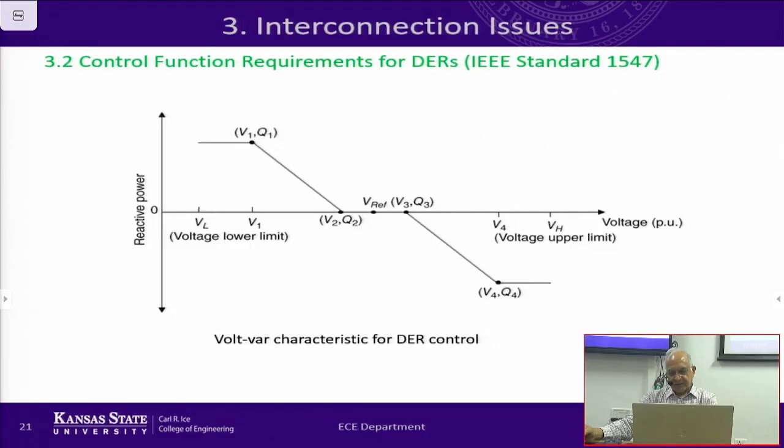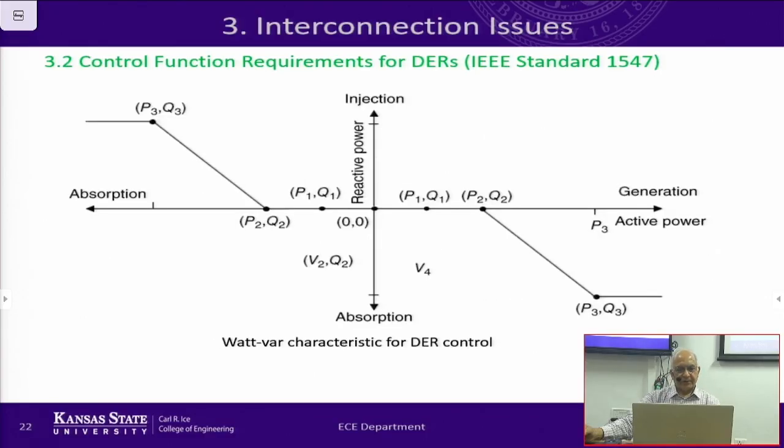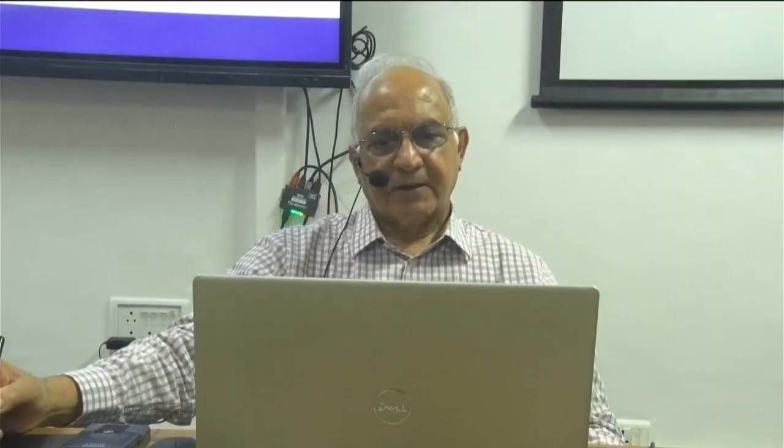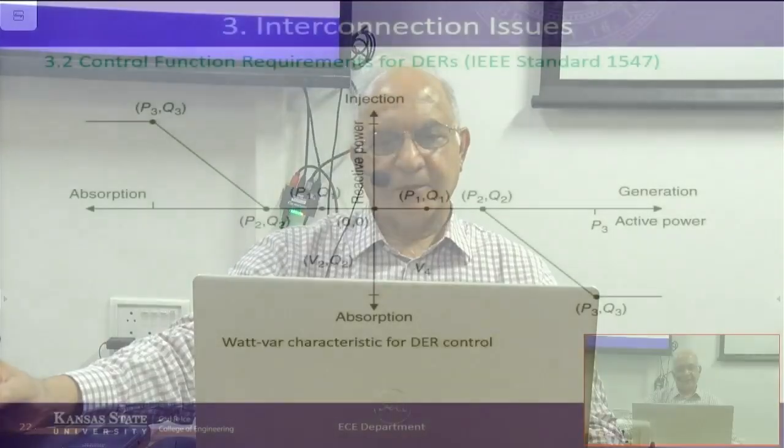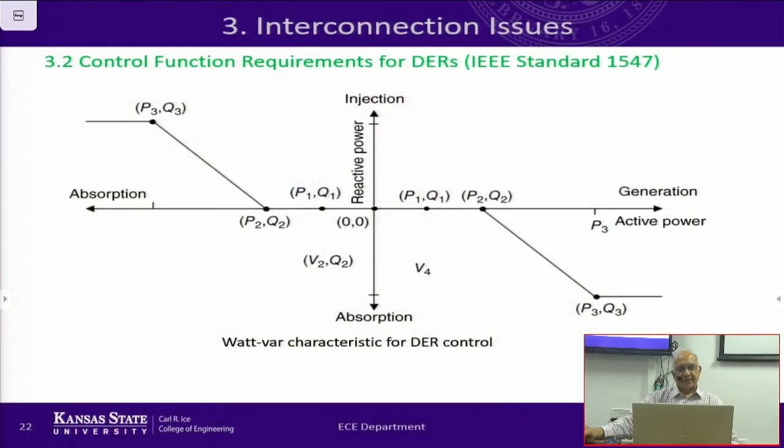The next approach is what is called the watt-var characteristic, where the x-axis is watt and the y-axis is reactive power. Depending on how much P you're generating, you have to generate correspondingly some Q. If you are generating a small amount of P, then don't worry about generating any Q, but as you go past here, you have to actually absorb reactive power; this is reactive power injection, this is absorption.